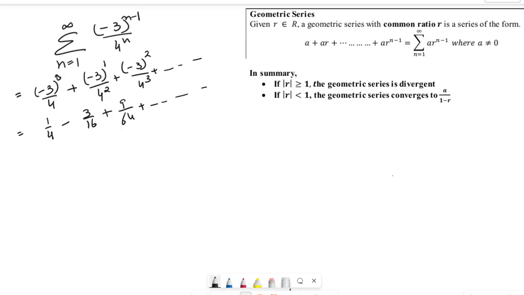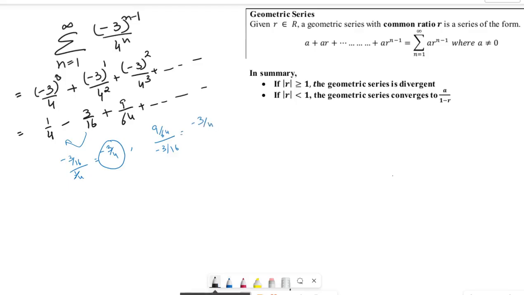Okay, so this is my series. You guys notice if I find the ratio of this by this, -3/16 divided by 1/4 is -3/4, and 9/64 divided by -3/16 is also -3/4.